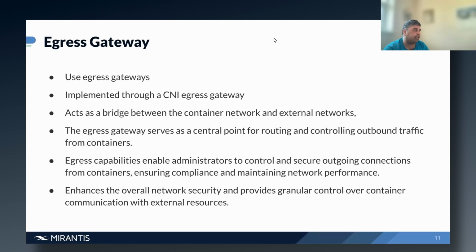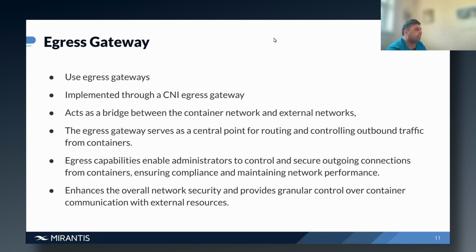An egress gateway is implemented through the CNI, and the CNI egress gateway is really just a networking component that's used, obviously, in containerized environments to manage outbound network traffic. And it basically creates a bridge between the container network and any external network, allowing communication across those networks.